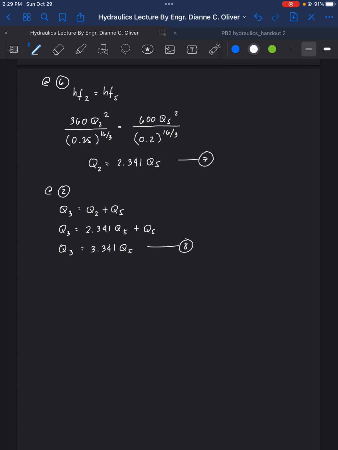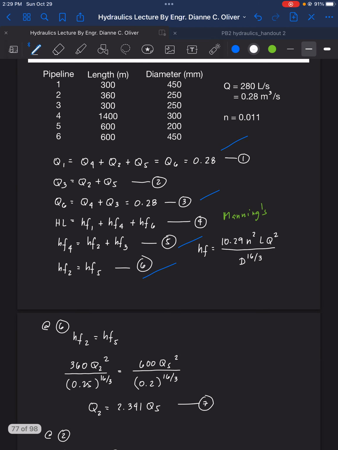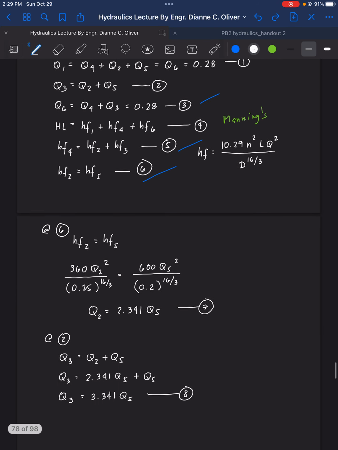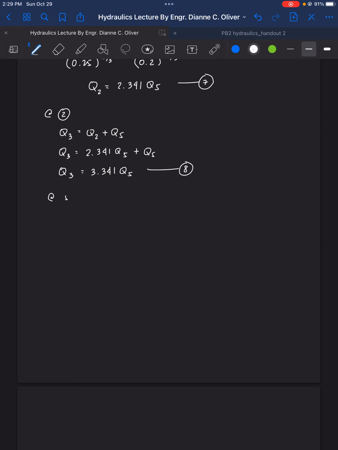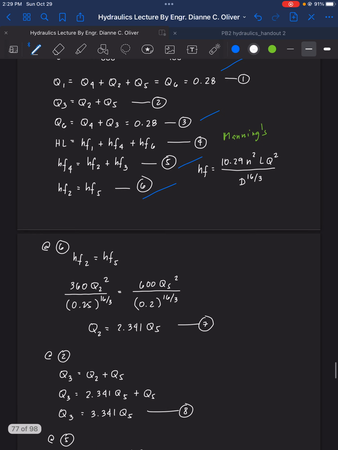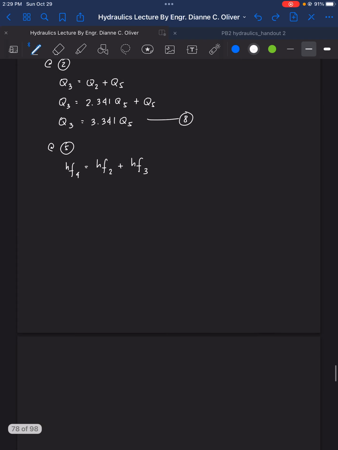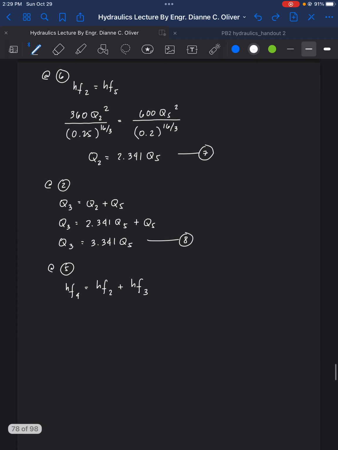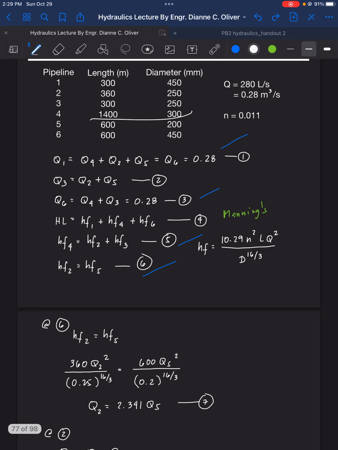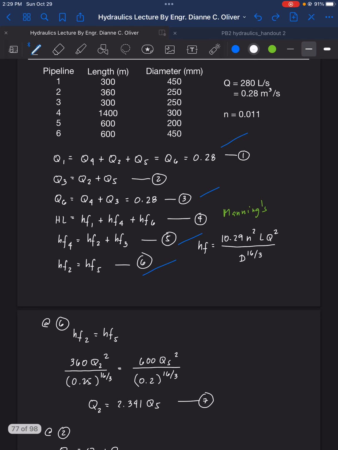Again, since we now have our Q2 and Q3, what's next? At equation 5, we have HF4 is equal to HF2 plus HF3. So we can already cancel out again the 10.29 and n squared here. So what's left will be the length of pipe 4. Length of pipe 4 is 1,400 and the diameter 300.